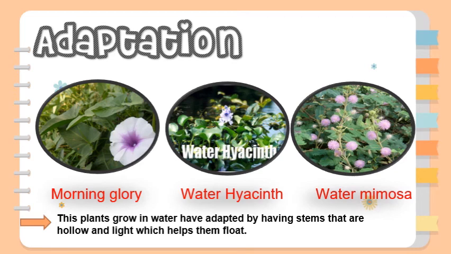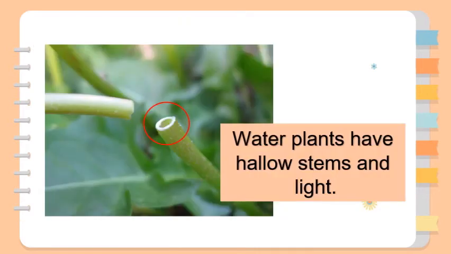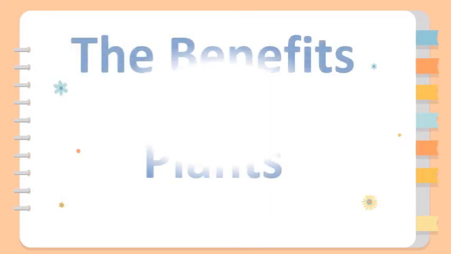Morning glory, water hyacinth, and water mimosa, which grow in water, have adapted by having stems that are hollow and light, which helps them float. Let's move on to the benefits of plants.